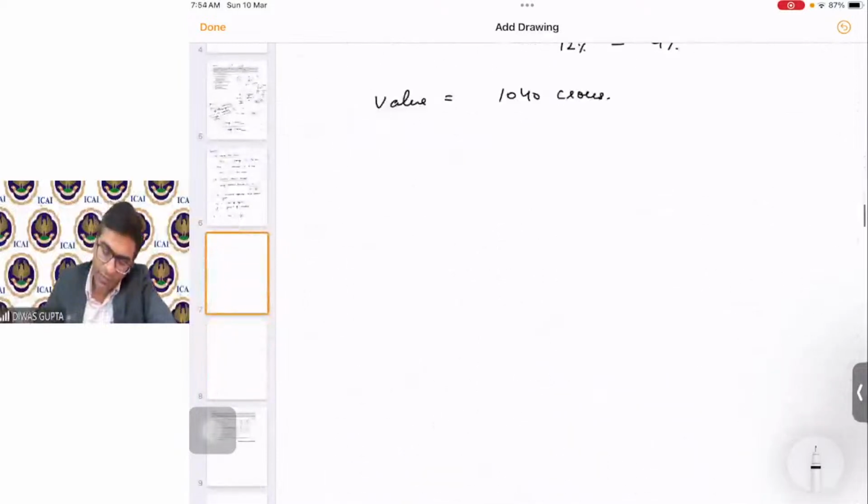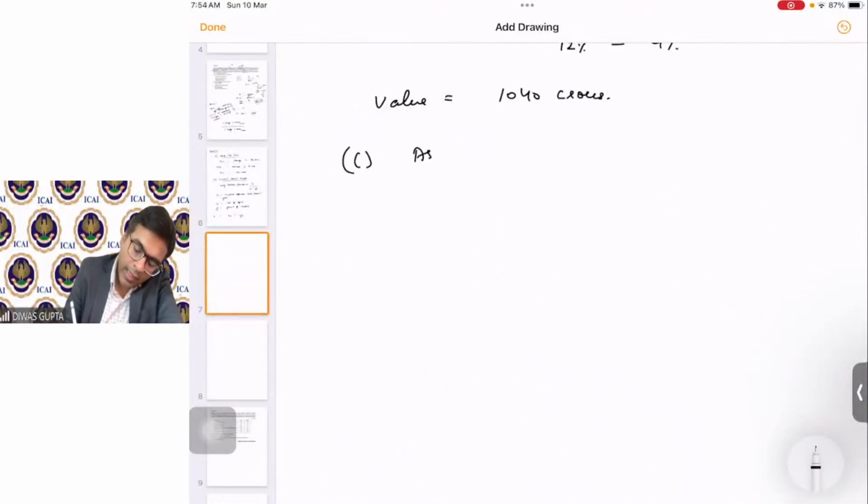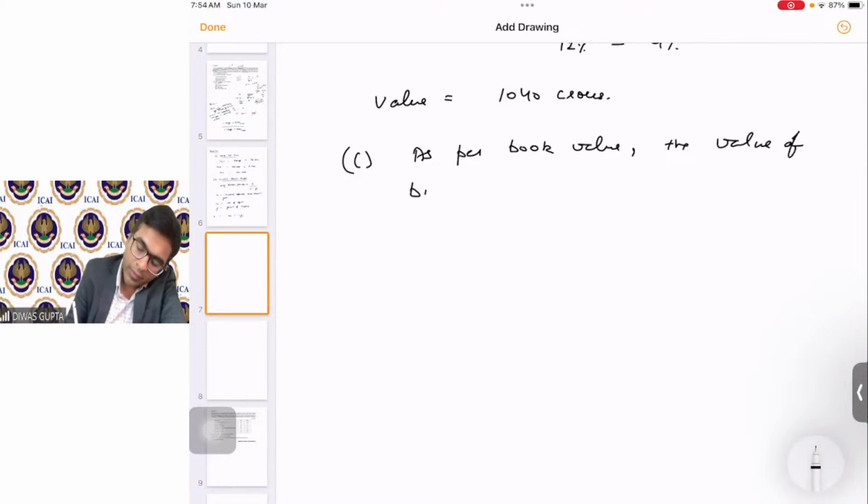So for part C, we have to do nothing. As per book value, the value of the business is rupees 450 crores.